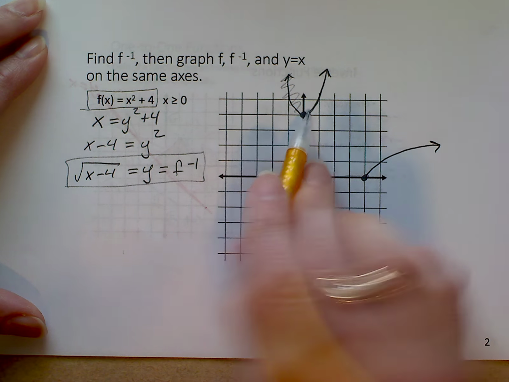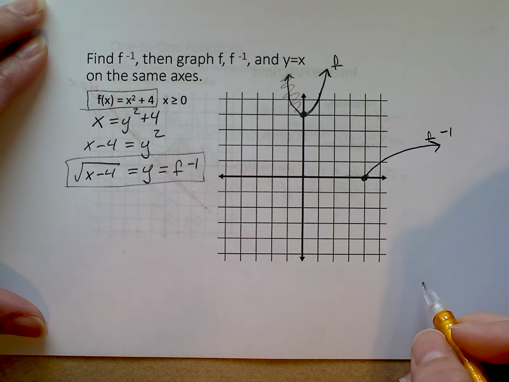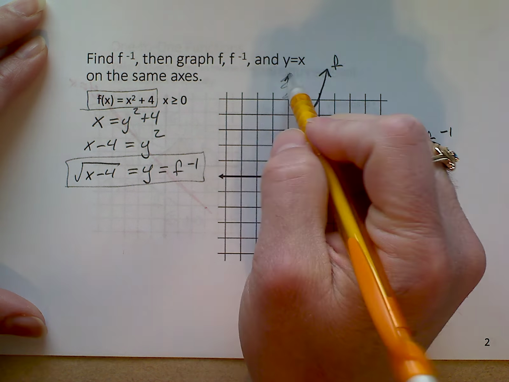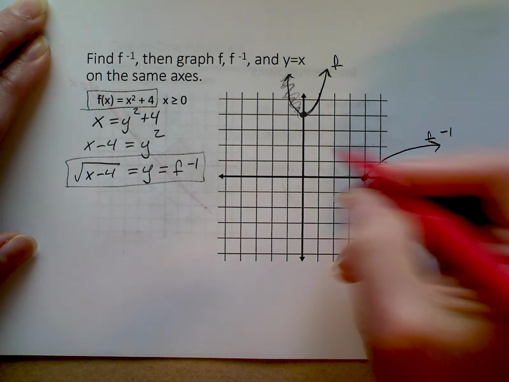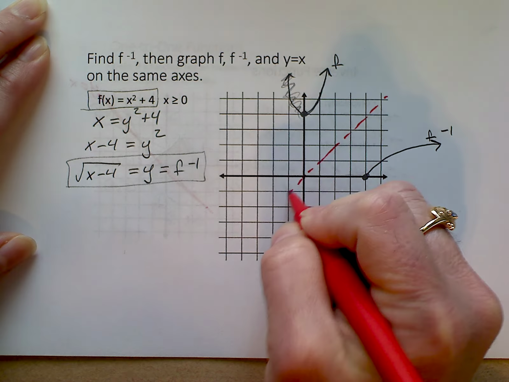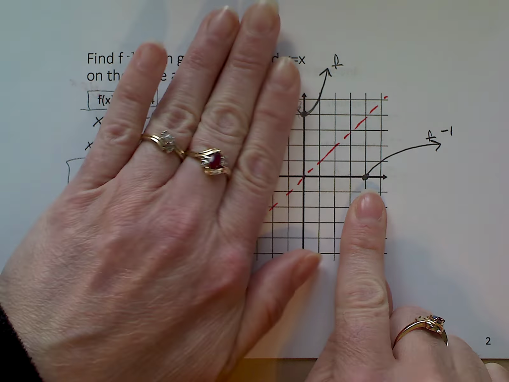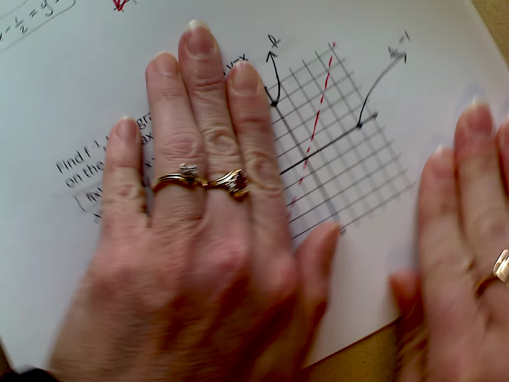If I want this, my f, and this, my f inverse, I need to make sure that I only use this half of it, or else it's not a true reflection. Here's y equals x. Take a look. It's a reflection. Can you see it? Oh, isn't that neat?